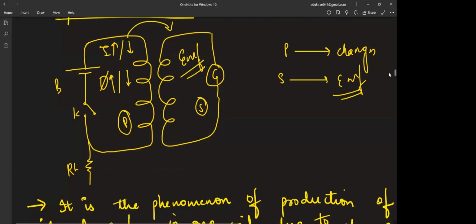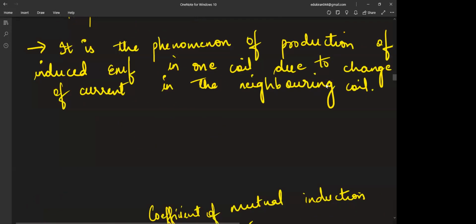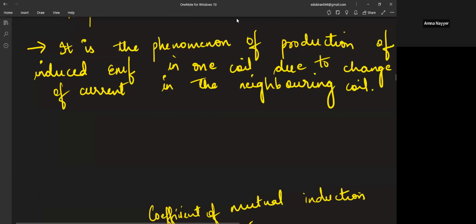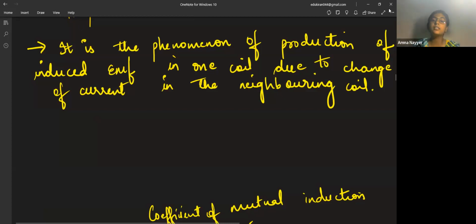This is what is meant by mutual induction. It is the phenomenon of production of induced EMF in one coil due to change of current in the neighboring coil.